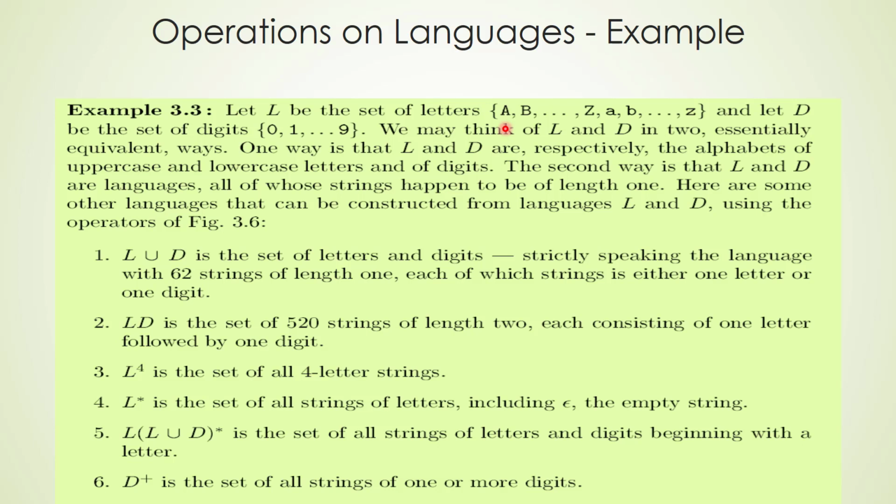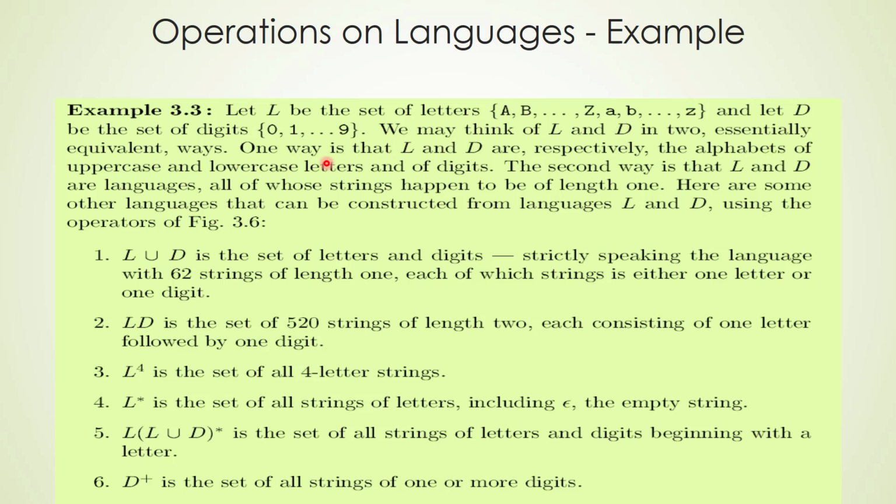It is worth noticing that all elements in these sets are considered strings, not symbols, because L is a language which contains 52 strings. From this language you can't say cat is a member of language L. This language L contains only characters of single length, which are of the English alphabet, and D is of digits. So we may think of L and D in two essentially equivalent ways.